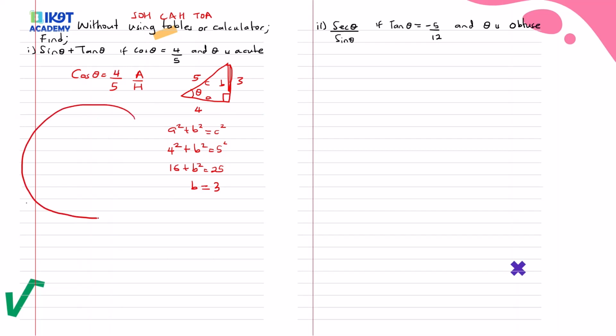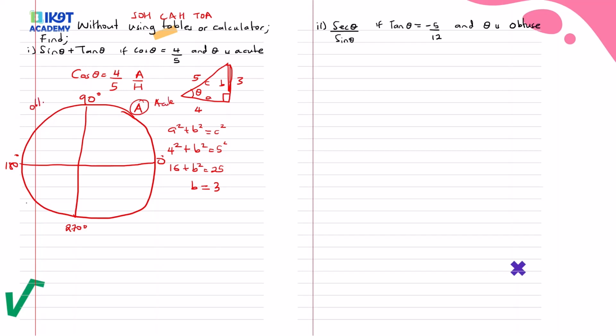So now we draw the quadrant. We have 0, 90, 180, 270, and 360 degrees. Here is A for all, where acute angles are.